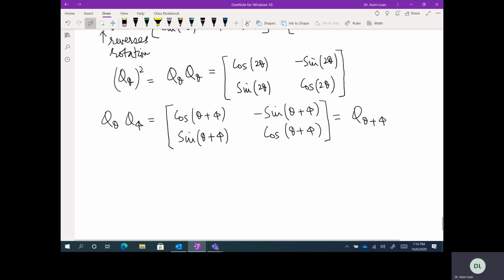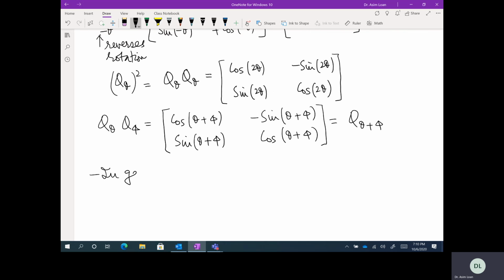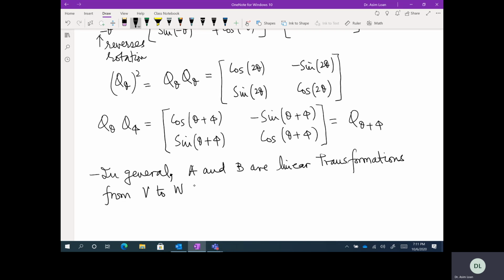So in general, A and B are linear transformations from V to W and U to V respectively.